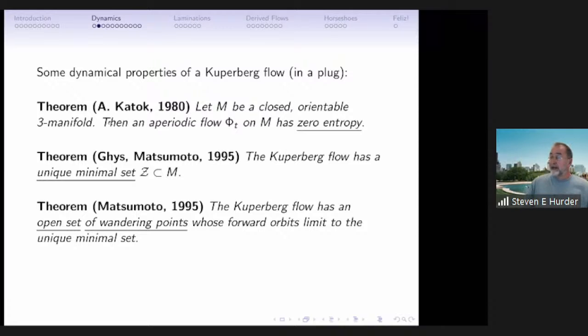So that was immediately addressed in papers by Etienne and Shigenori, that I think Ghys commented that Katok's famous theorem in 1980 about entropy and periodic orbits implies that an aperiodic flow has zero entropy. Well, it's not hyperbolic, and it doesn't have fixed points.